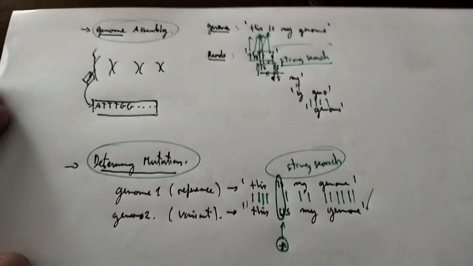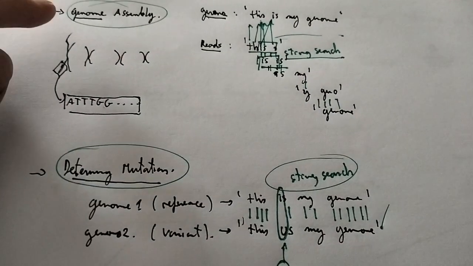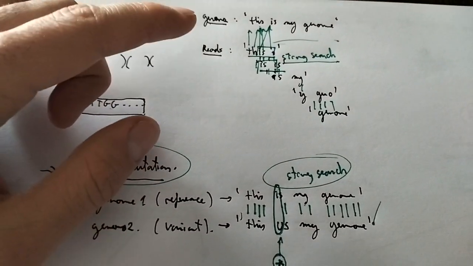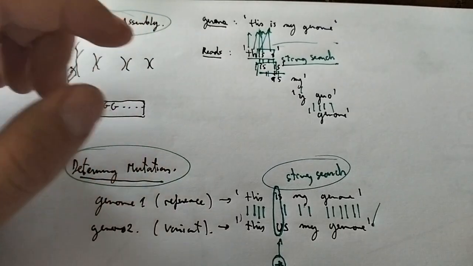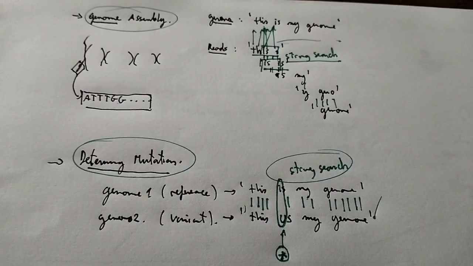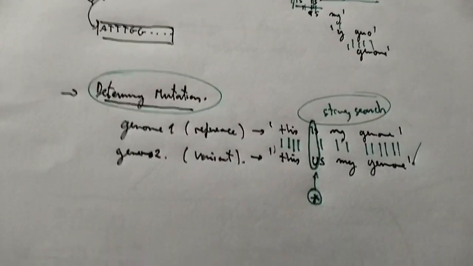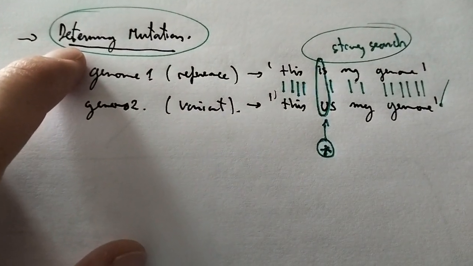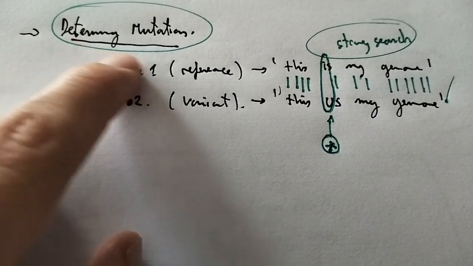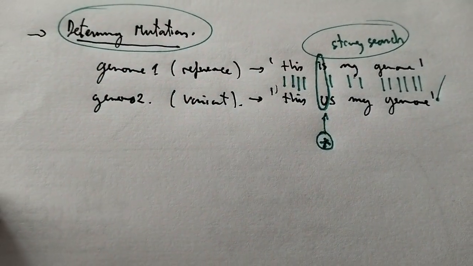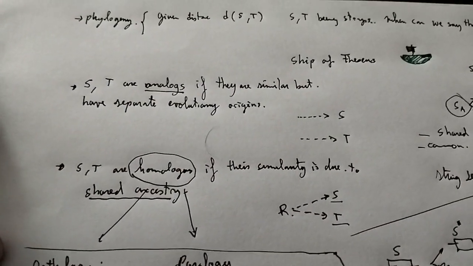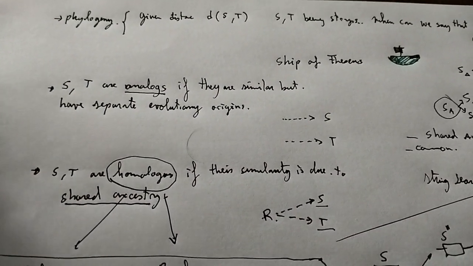The first one was on genome assembly. We have seen how we can go from little reads to form the entire genome little by little by comparing the strings. We have also seen how string search can be used to determine mutations. And we have finally studied a little bit of phylogeny.